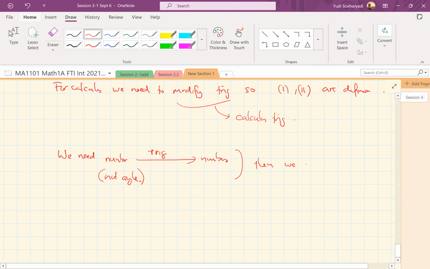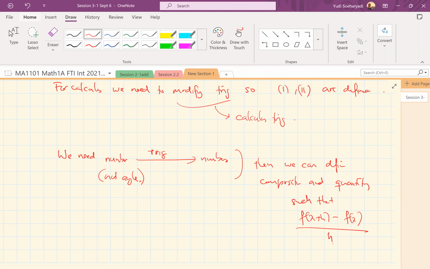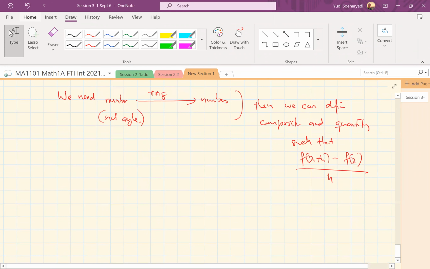Then we can define compositions and a quantity like this, difference divided by h.